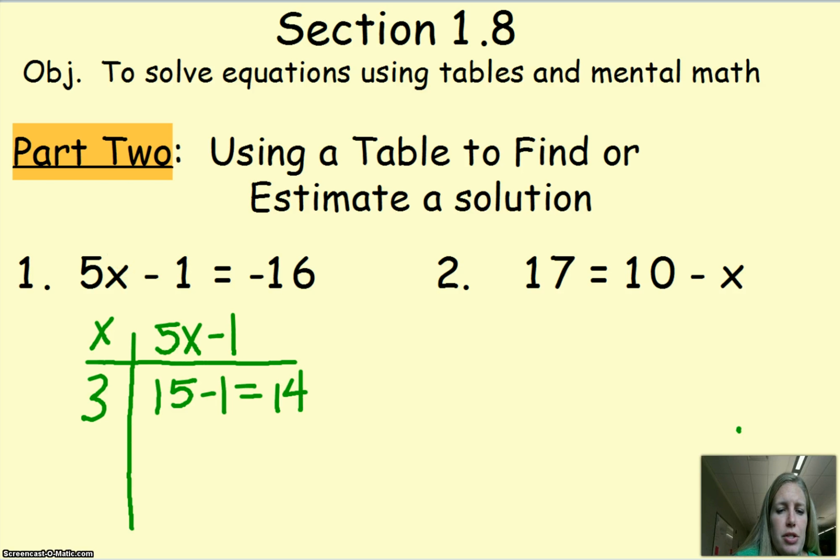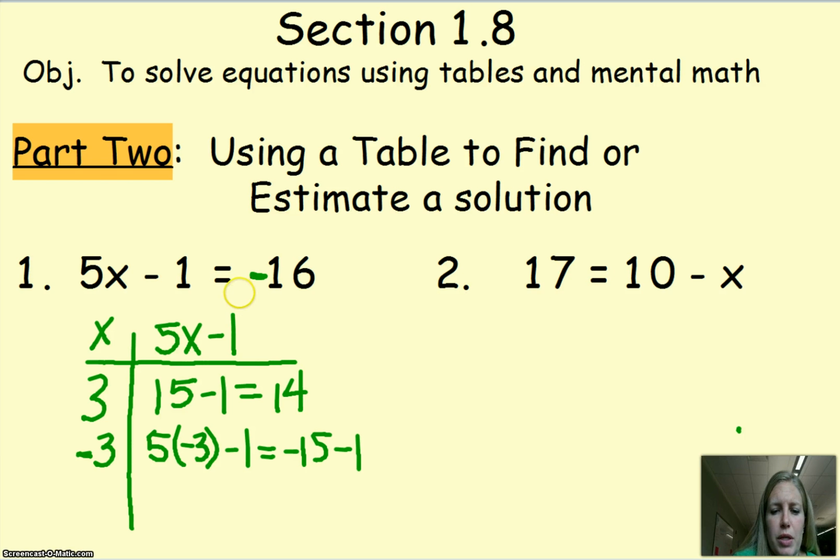Okay, so this is not a solution. Now notice I needed this to be a negative number. I need this negative here. So I need to pick a negative x in order to get there. Okay, so let's pick negative 3. 5 times negative 3 minus 1. Well, 5 times negative 3 equals negative 15 minus 1.